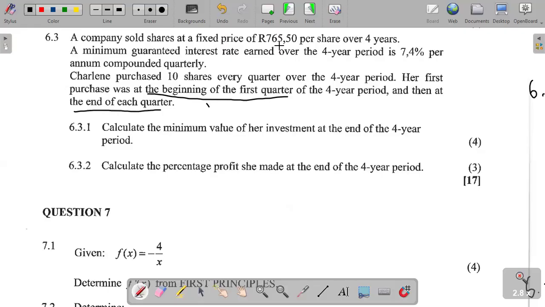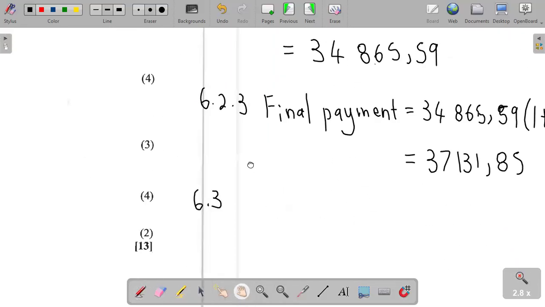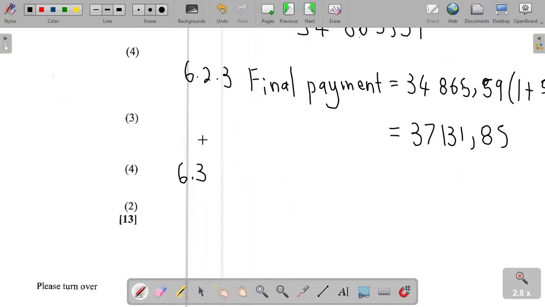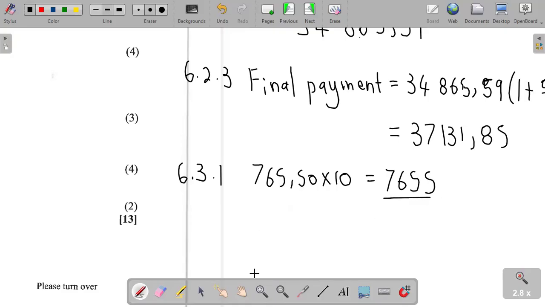So it's 765.50. 6.3.1. So 765.50, then multiply by 10 because she bought 10 shares. So it's going to be 7,655. This is each quarter.